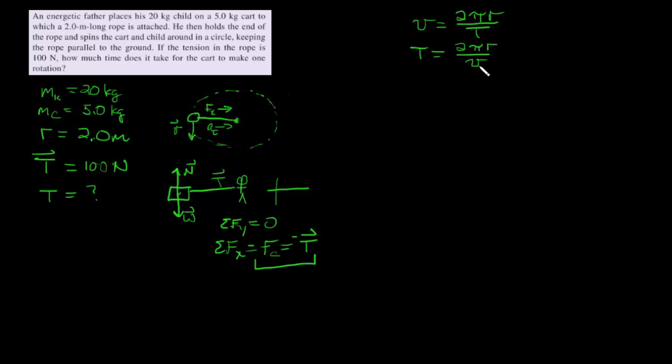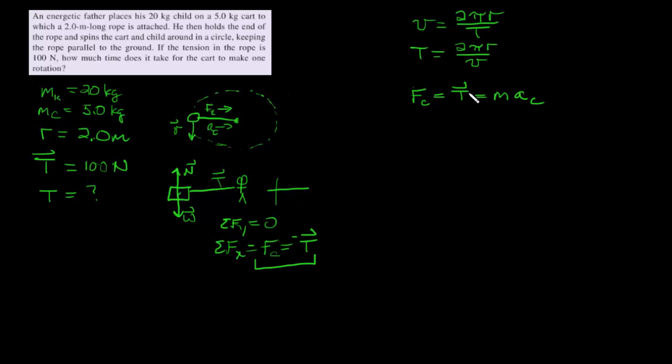I know the radius, but I don't know velocity. To get velocity, maybe we could use the acceleration. Going back to this, the centripetal force is equal to the tension. But centripetal force is equal to mass times centripetal acceleration.